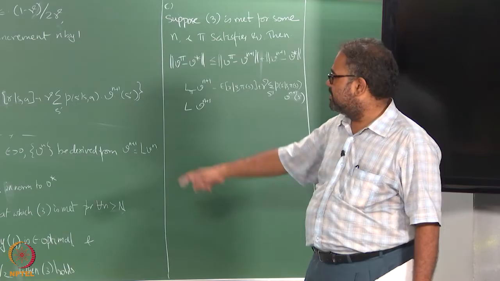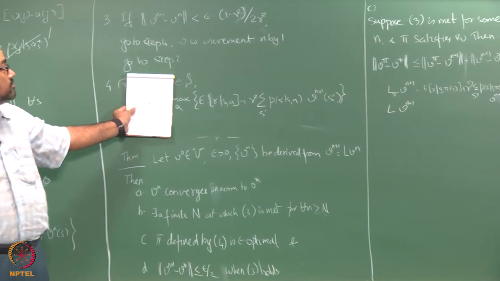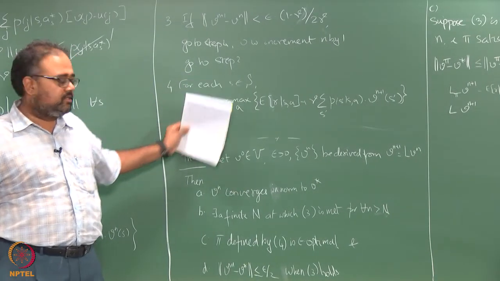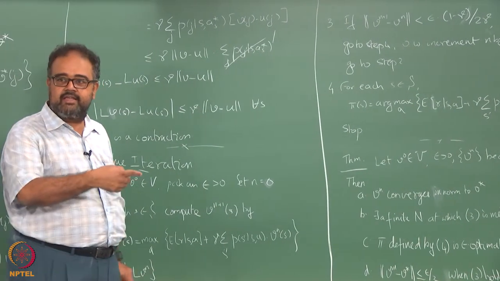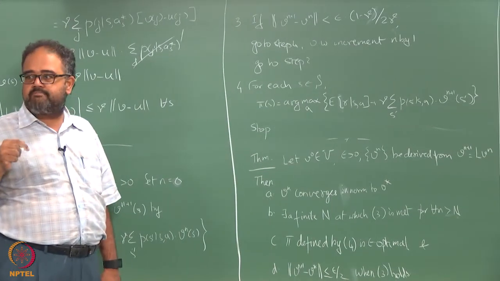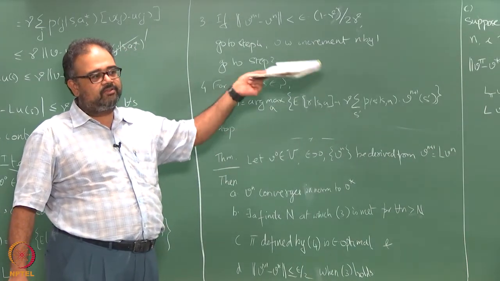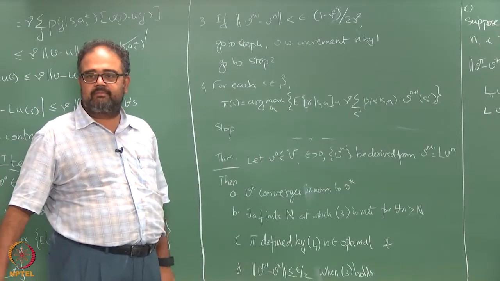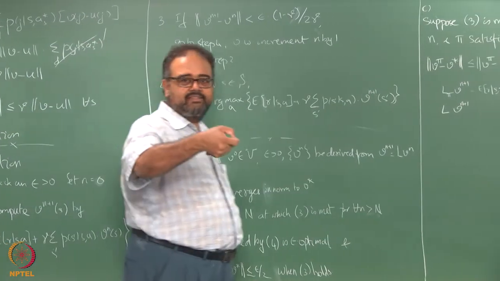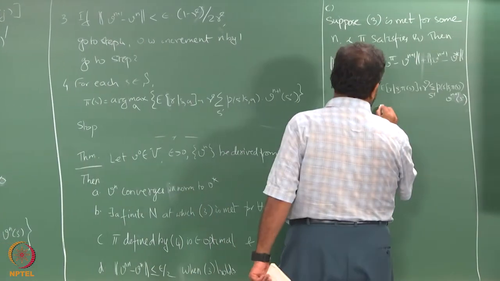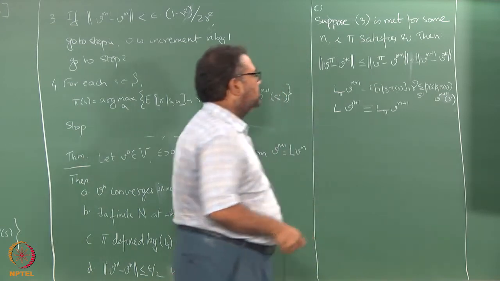L on Vn plus 1 is essentially this, with the max. Because I chose my pi to be the max action here, whether I apply L pi on Vn plus 1 or whether I apply L on Vn plus 1, it's the same. So the two are equal.